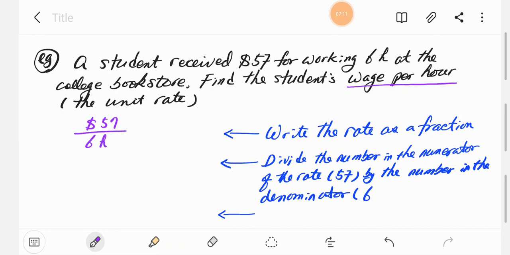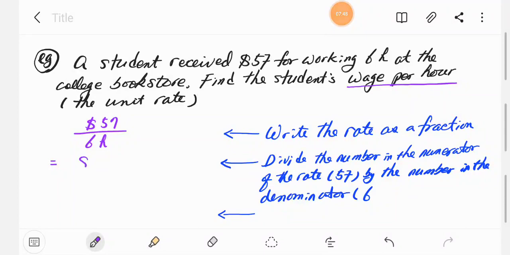Then divide the numerator by the number in the denominator. 57 over 6 is 9.5.